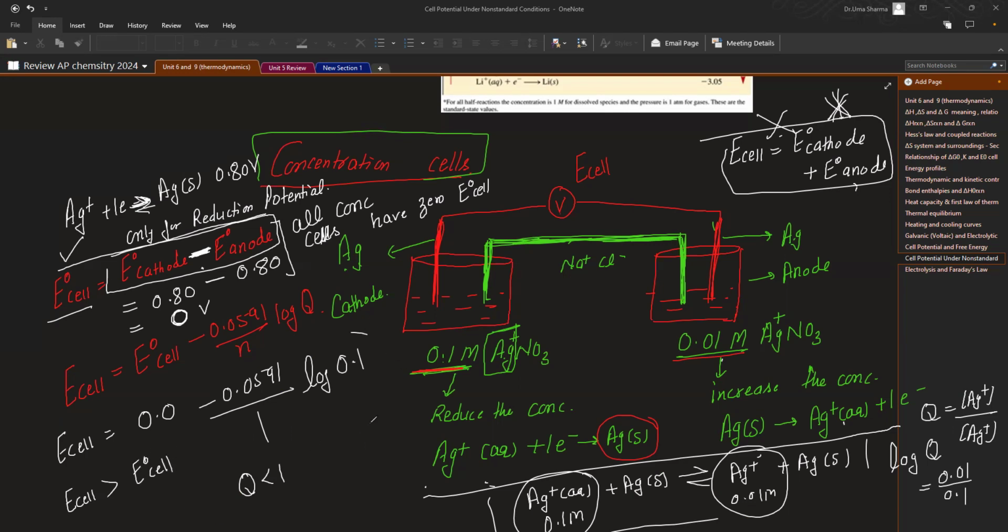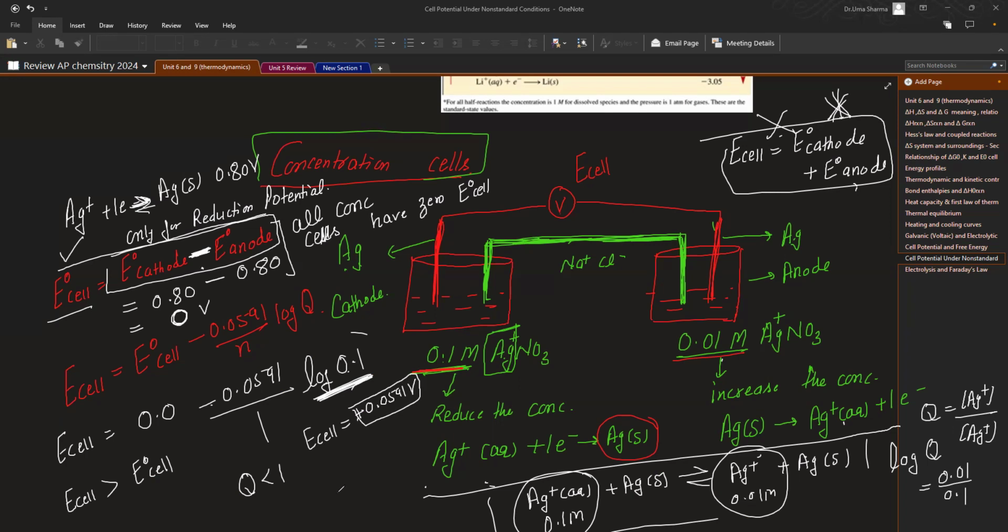We have done everything. I can calculate it without calculator. This is minus 1. Minus 1 times minus, what's the E cell value? Without calculator, you can do it. This is minus 1, so the answer is plus 0.0591 volts. You'll get this much electricity. Children, you are getting it?